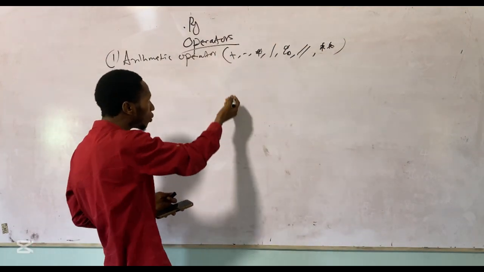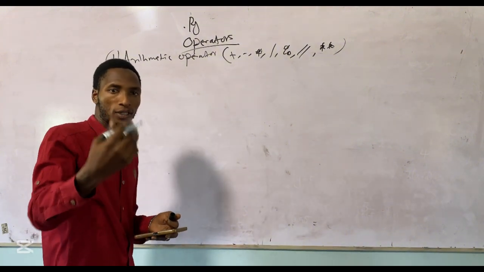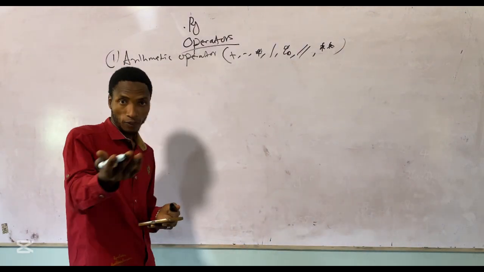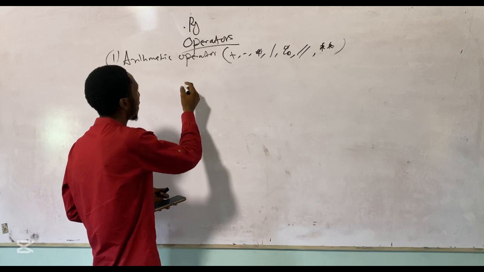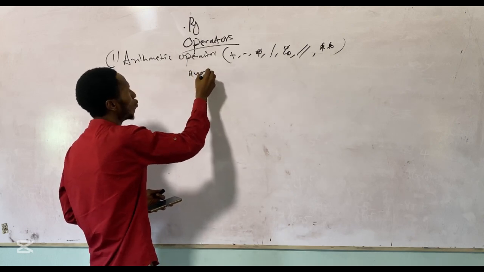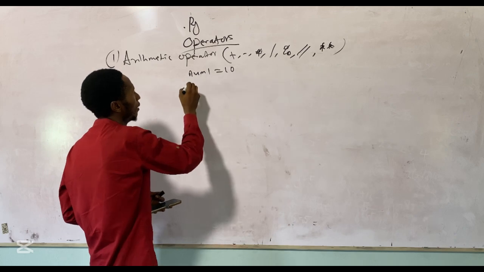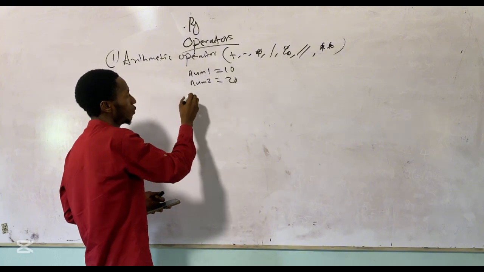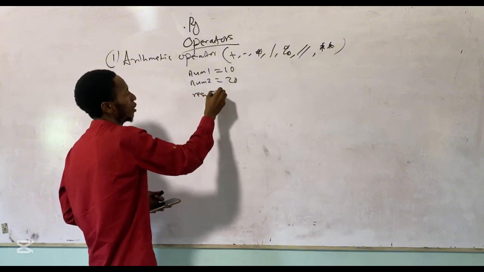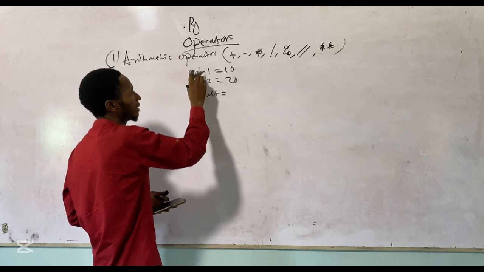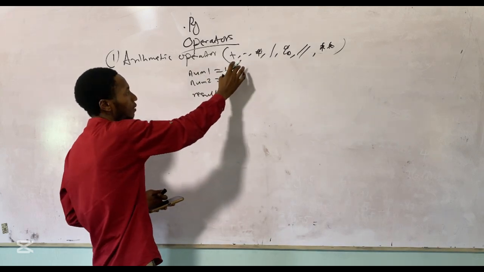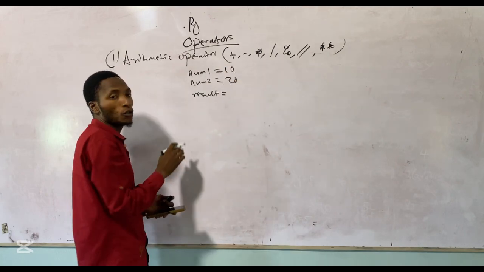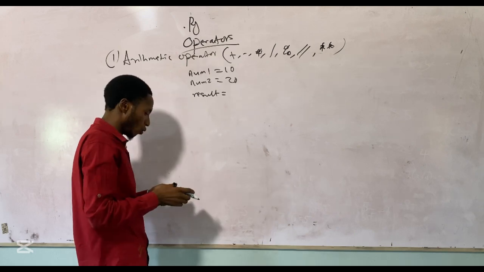You can perform the addition, the subtraction. Take for instance, if you want to sum two numbers, you all know how to define a variable, right? So let's assume you have a variable called num1, which you assign 10. And you have another variable called num2, and you assign 20, and you have another variable called result, where you will sum this first number and second number in order to assign the result in the variable called result.